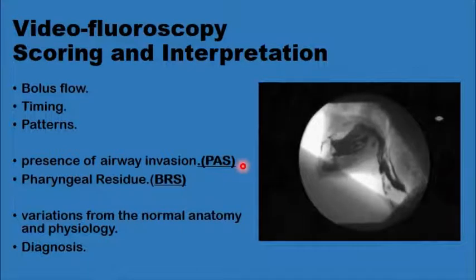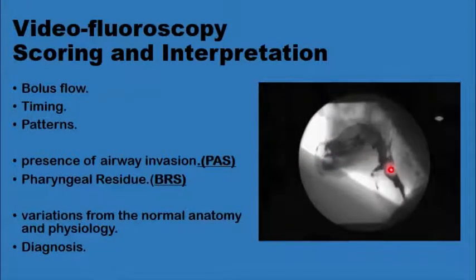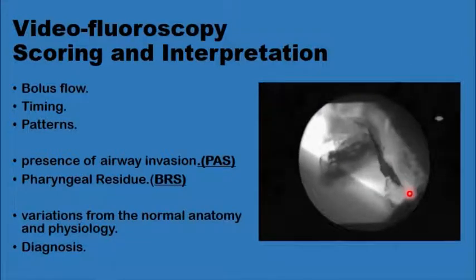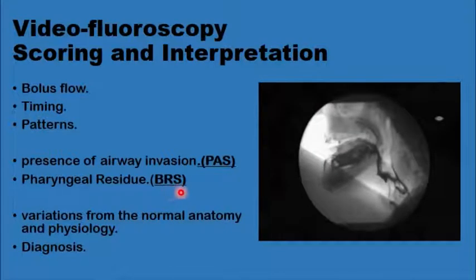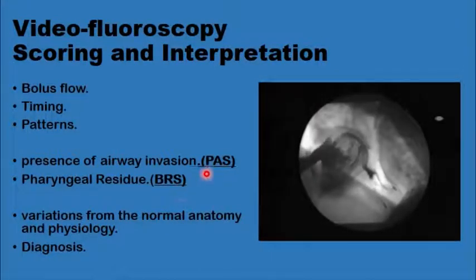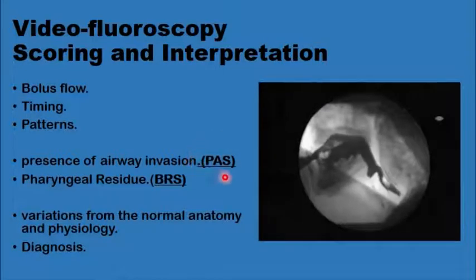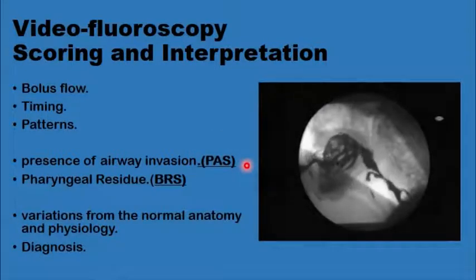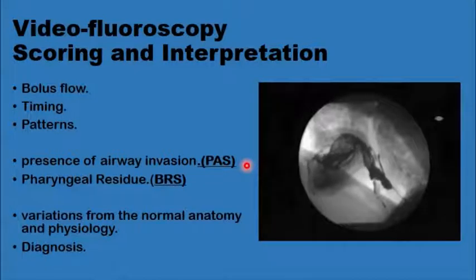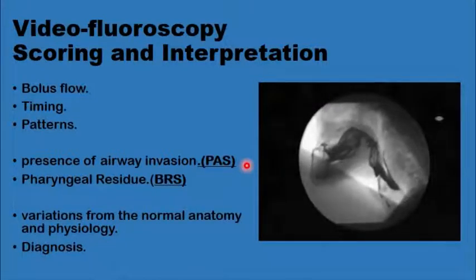If we are looking for problems in the flow of the bolus down the hypopharynx into the esophagus, we use things like the pharyngeal residue scoring system. In this presentation, we'll focus on the penetration aspiration scale, which scores the various degrees of aspiration.